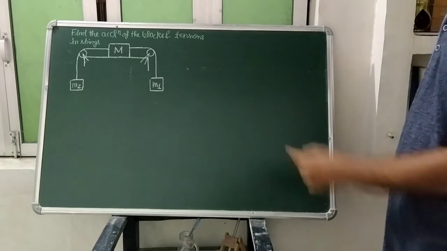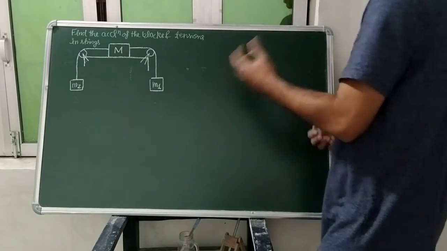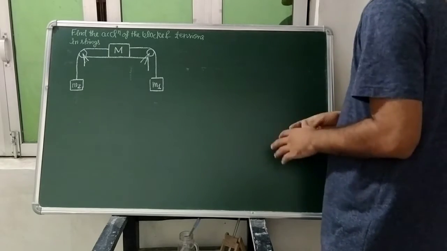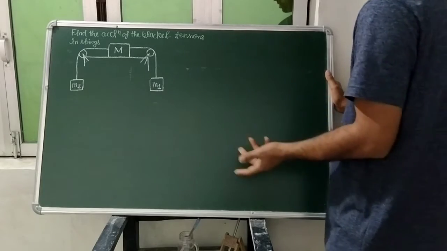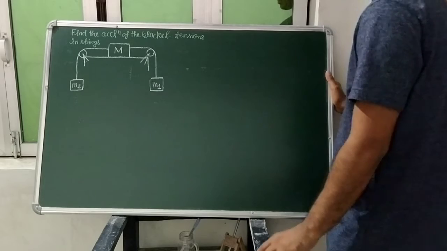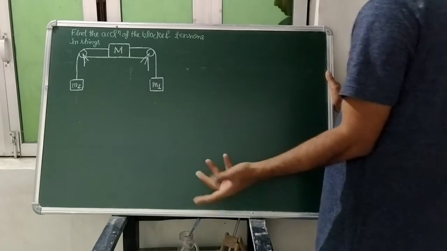So student, you are looking here, we are getting two pulleys, okay? Is there any moving pulley present here? No. The pulleys are fixed, and of course we will assume they are frictionless, massless, strings are inextensible, surface is frictionless, so that assumption we will make there. And you are looking that pulleys are fixed, they are not moving.